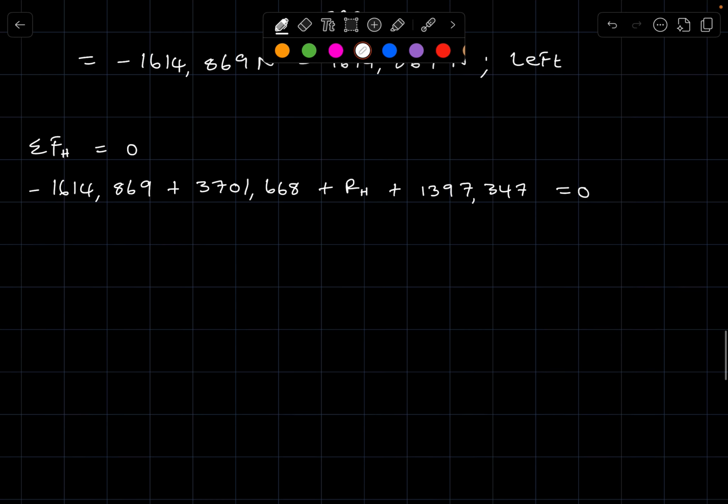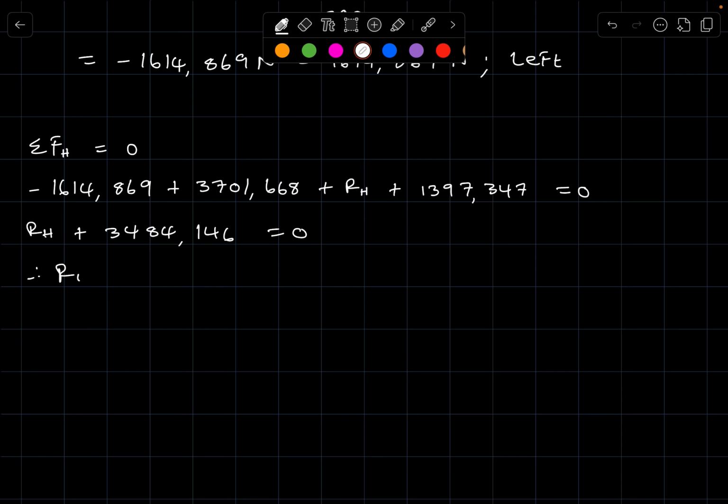Now from here, RH, and then if you add all of this, we get positive 3484,146 is equal to 0.